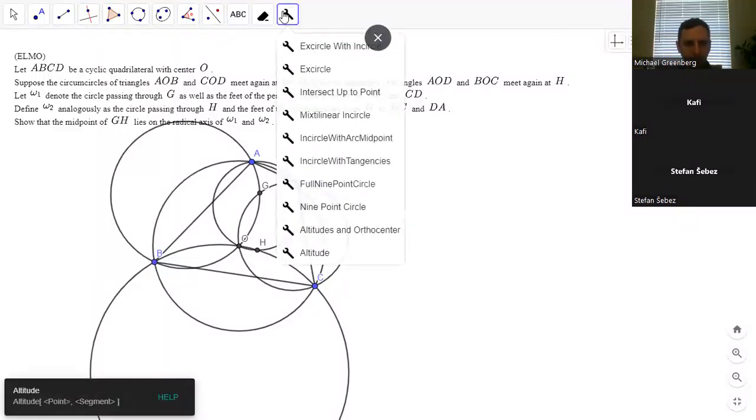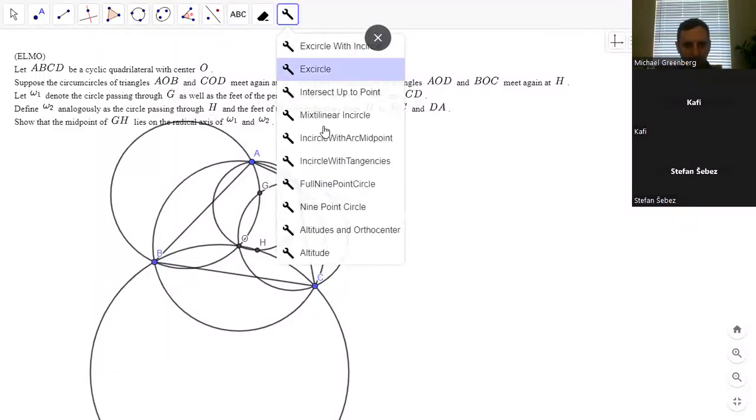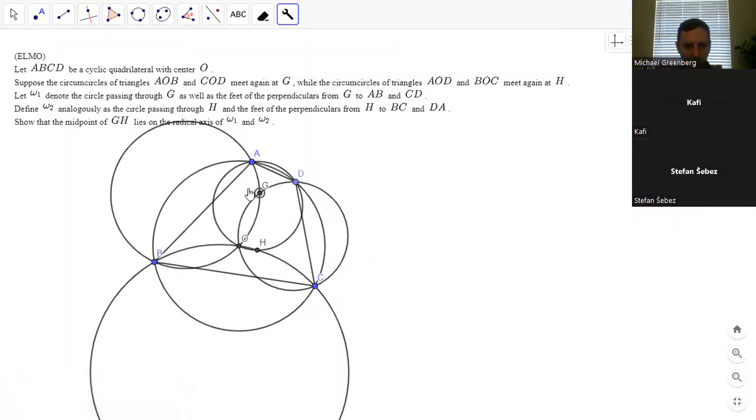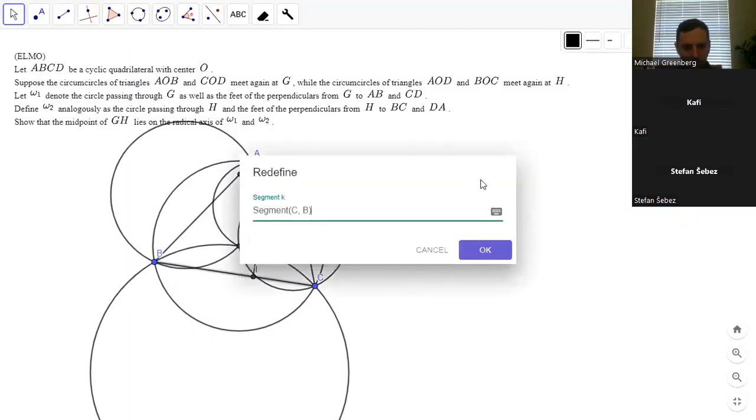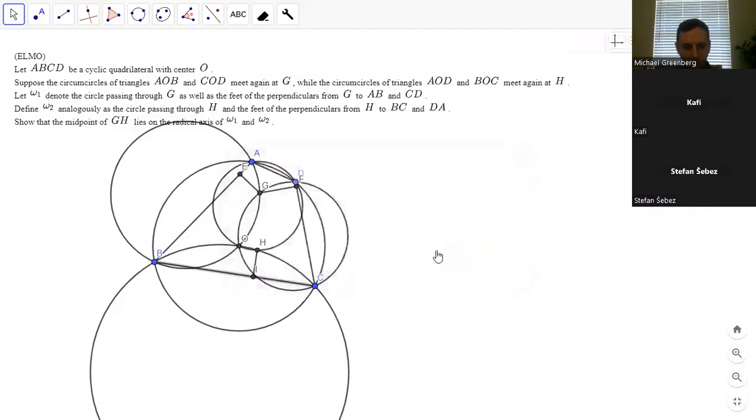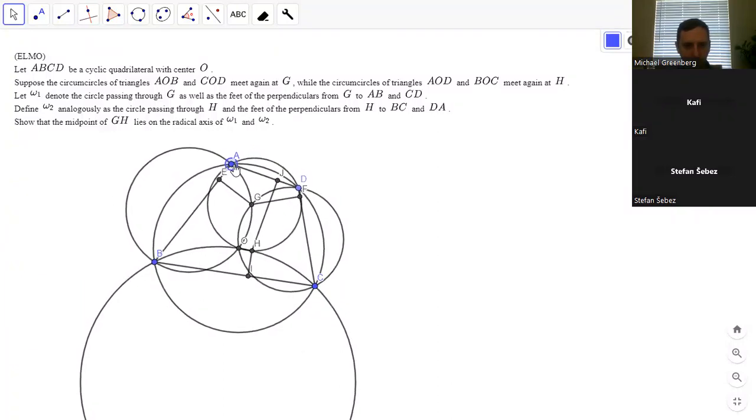Let me use this. And then this. I don't want those to be so squished together.